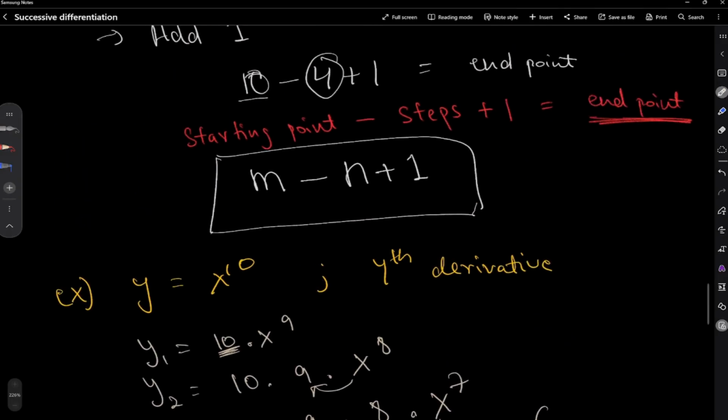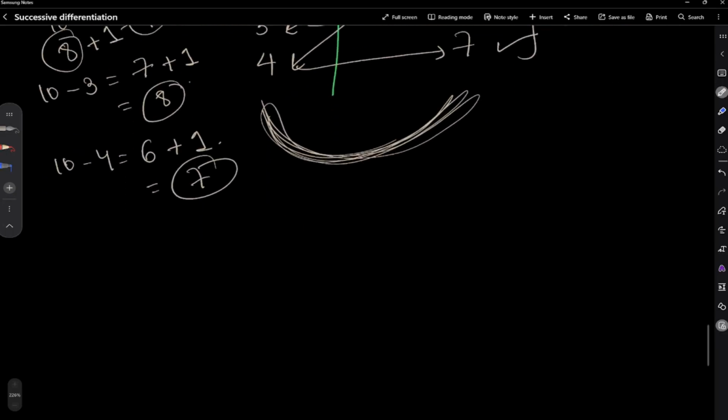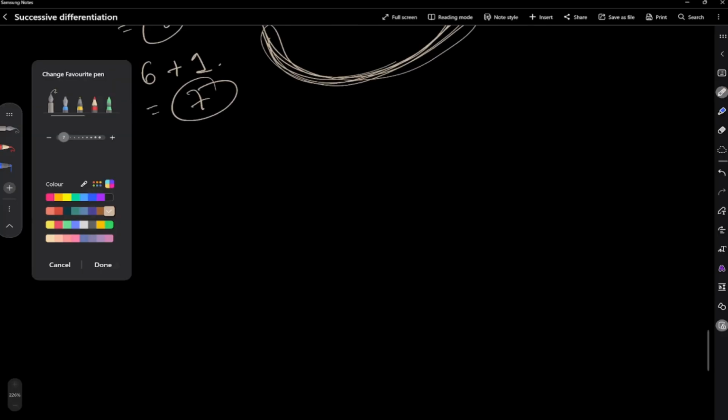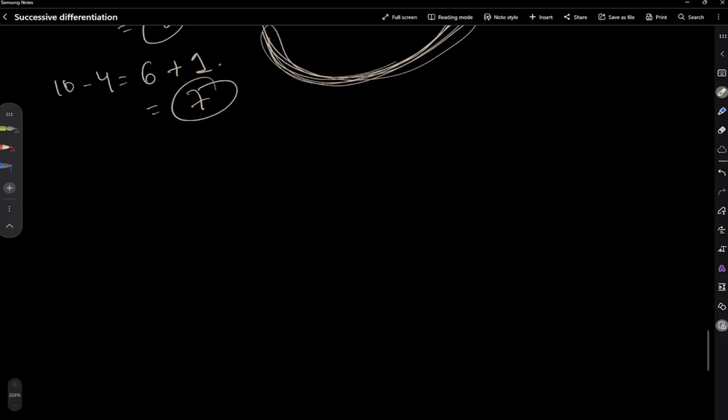Now we're going to use this equation back at the start. Our initial equation was y equals ax plus b raised to the power m. We needed to find a general equation.